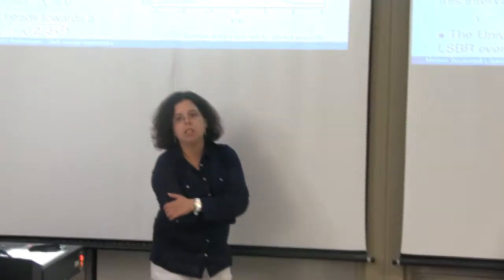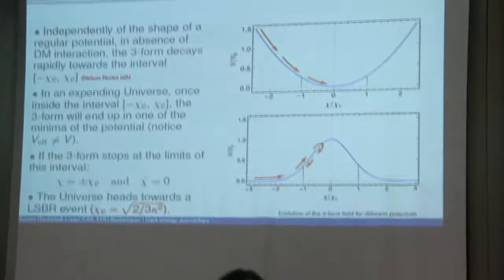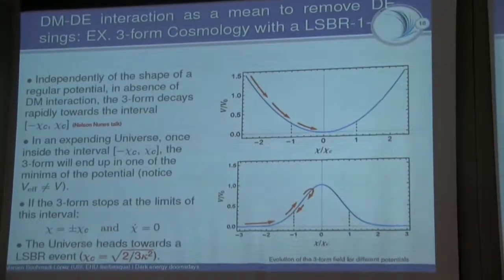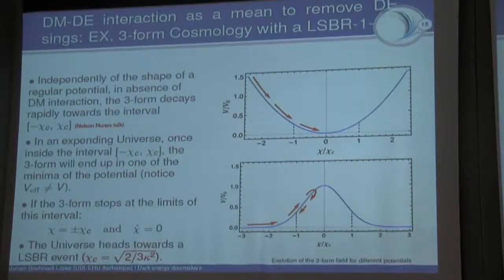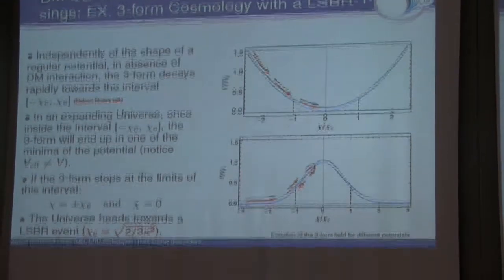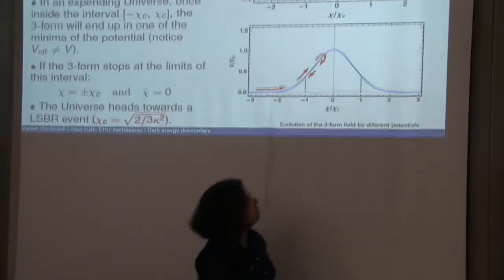On the second day, we had the nice talk by Nelson on three-forms. And three-forms, and this is just one example that I will show here, intrinsically can have a solution that corresponds to a little sibling of the big rip. I will not show an example for dark energy and dark matter inducing different singularities, but just one, and I will stick to it. In Nelson's talk, he explained the dynamics of three-forms.